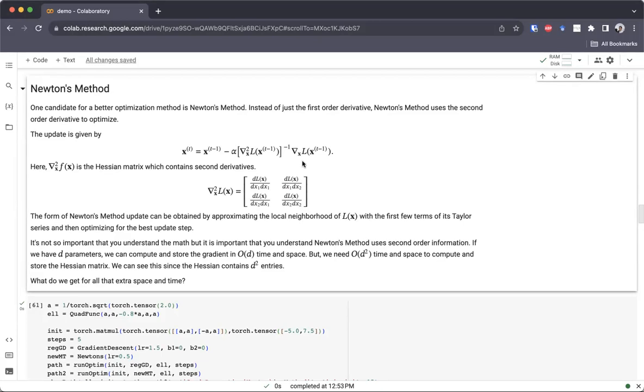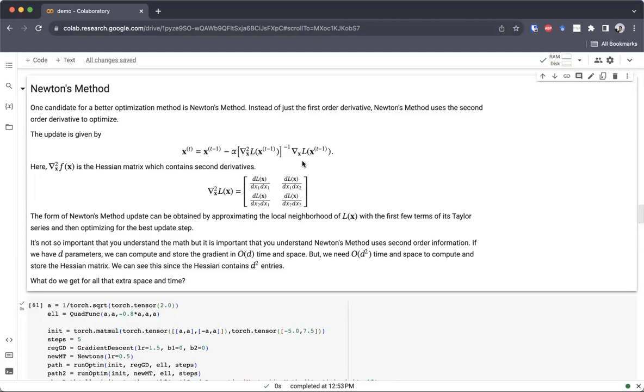In particular, this is fine if we have very few parameters, such as 2 or 3 or 4 or 1,000 or something like that. But if we have tons and tons of parameters, like a million or a billion even, with models like ChatGPT, then the difference between d and d squared is very large.